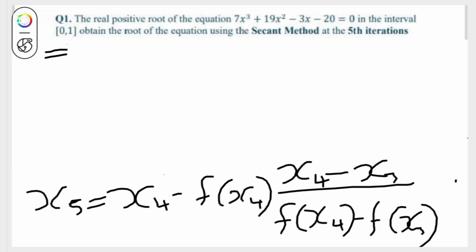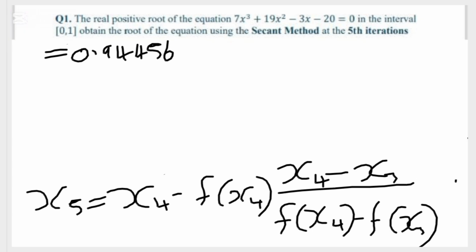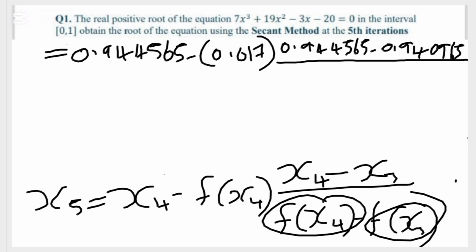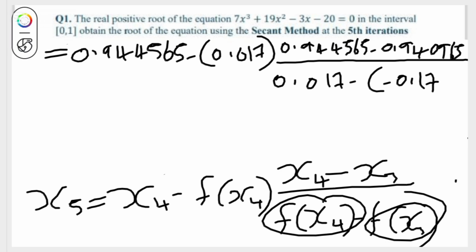So at the end this will be equal to the x of 4, which is what we found, 0.944565, and I'm going to subtract the function, which is 0.0117, multiplied by 0.944565 minus the x3, if you could remember, 0.94096, divided by f of x4 and f of x3, which is the function 0.017, and therefore I have to subtract minus 0.1749. So what should I get?